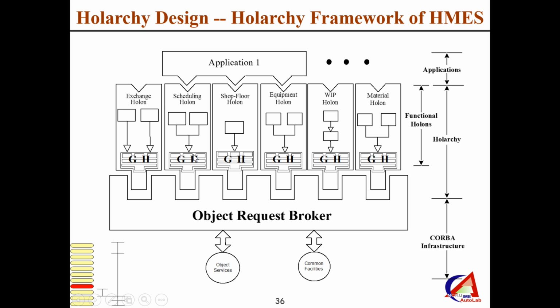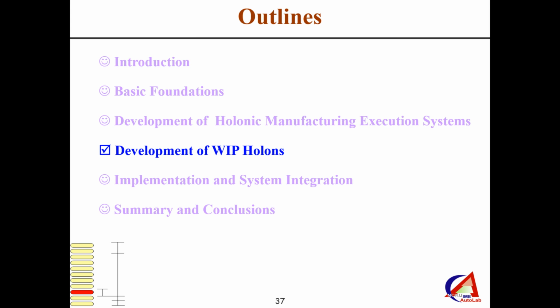For example, if you would like to design the scheduling holon, then you just inherit the generic holon and then add in its own specific functions, and if you finish the design, because you already know all of the interface framework, interface messages shown here.